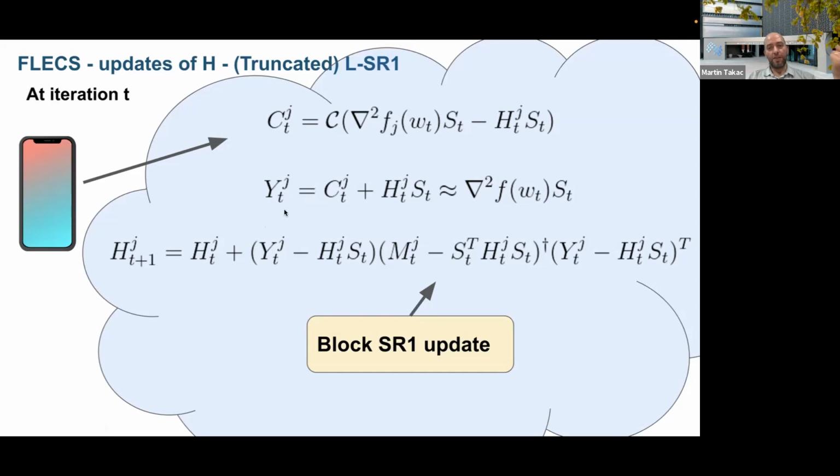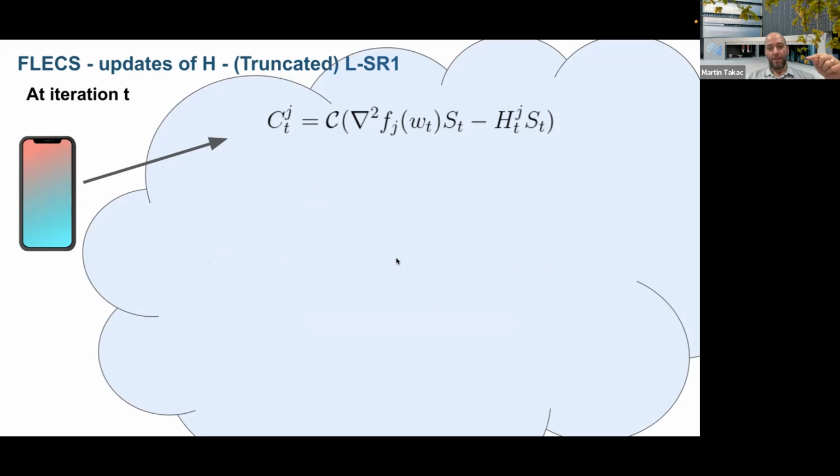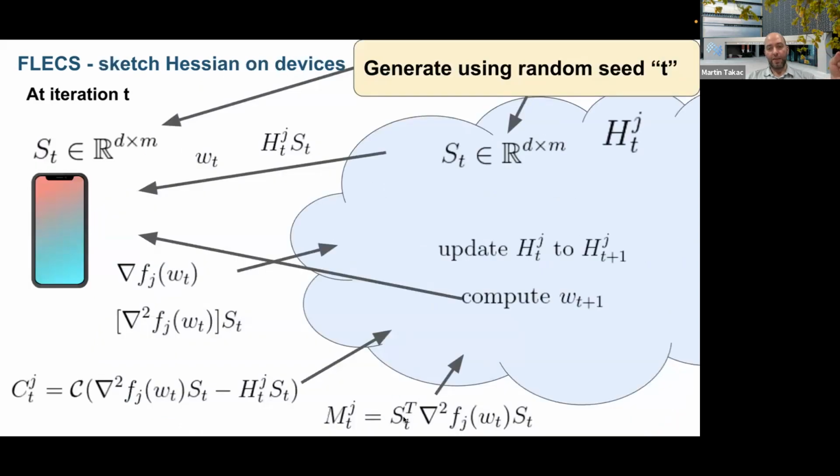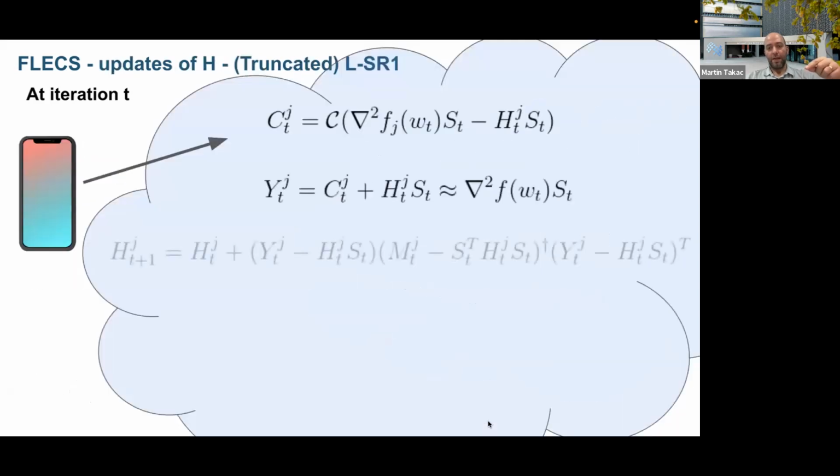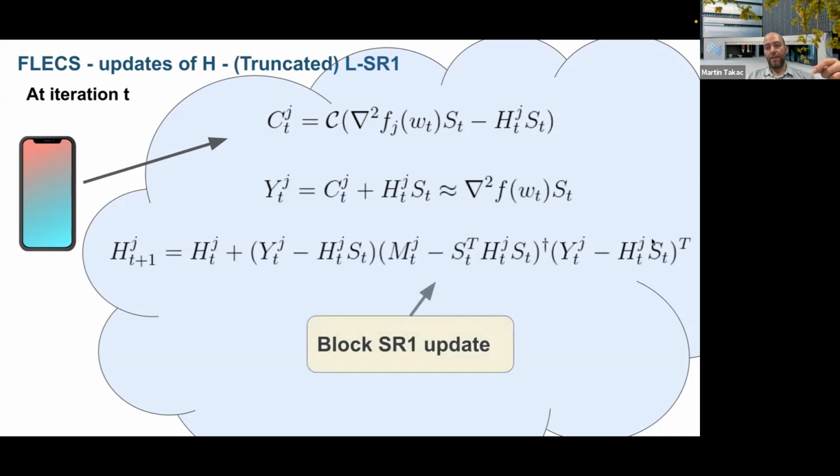Again, what I'm doing is just sketching the hashing. And now you can see everything is working very nicely, because this is nothing else but the message I received. This one is nothing else but my S transpose hashing times S. Think about this one. This is just S transpose hashing times S minus the S transpose estimate of the hashing before times S, pseudo inverse, and the same matrix as before, okay?